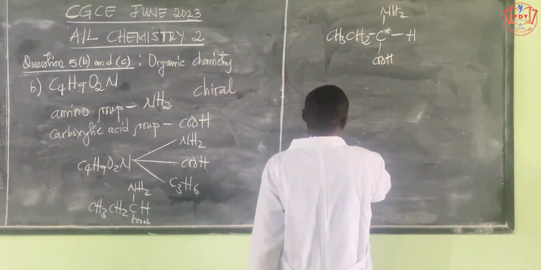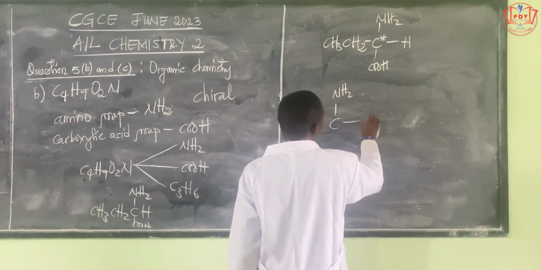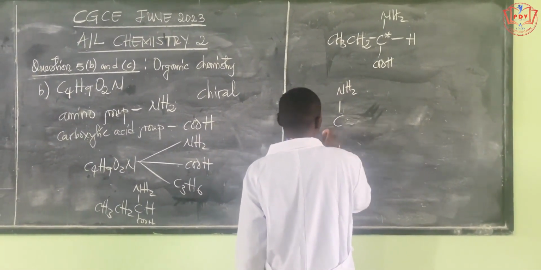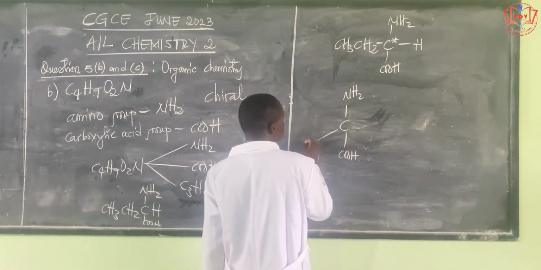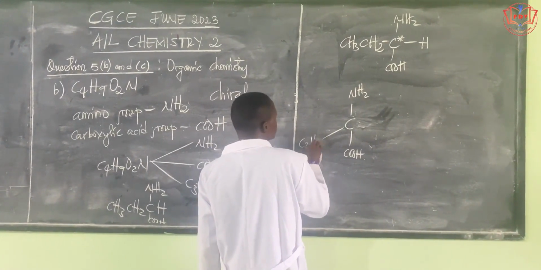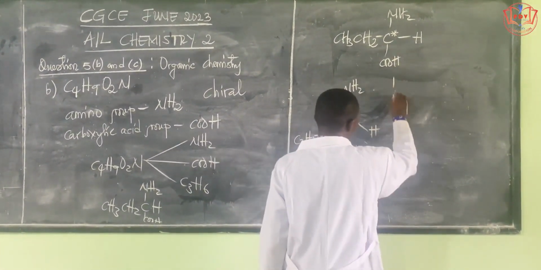The structure for the optical isomers, we draw them out. NH2, here we have COOH, here C2H5, and here hydrogen.